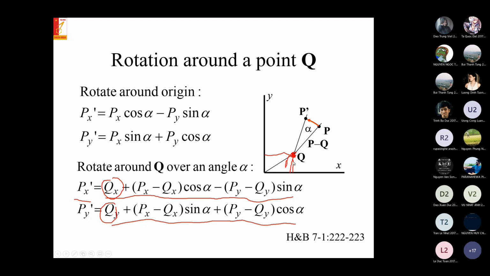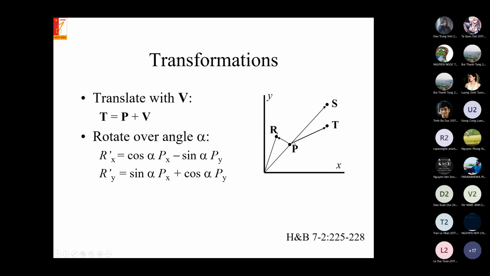And at that time the Q also takes a movement. For example, here we have the P taking the rotation around the origin of the coordinate system, and this one also takes a movement. In that case, how do we determine the position of each point?